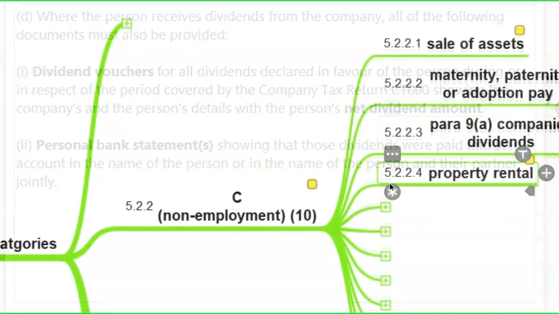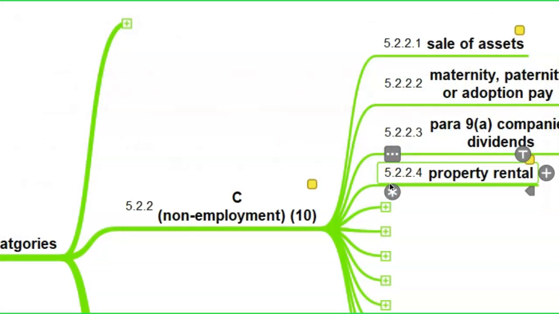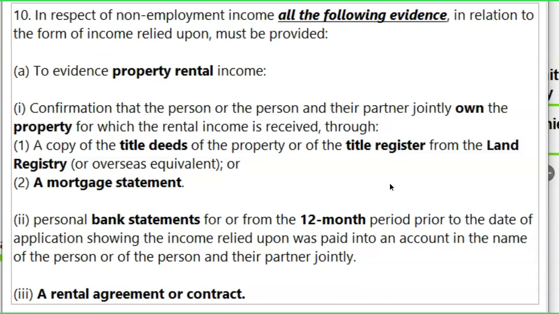Then a very popular category of non-employment income is property rentals, and there are, as you may suspect, quite a few rules with regards to the documents. So first of all, rather logically, you'll need to prove that the property belongs to you. Guys, there may be situations where you have an informal agreement where, let's say, the parents own the property, but they allow their kids to use all the profits from renting the property.